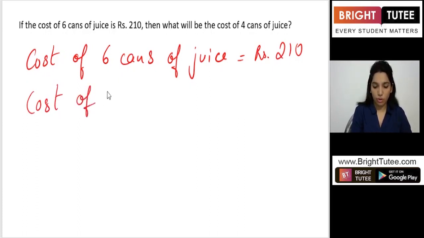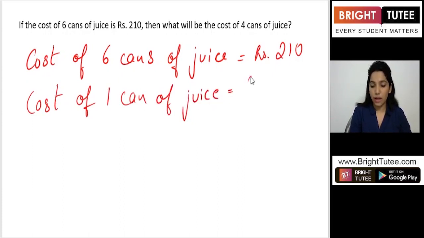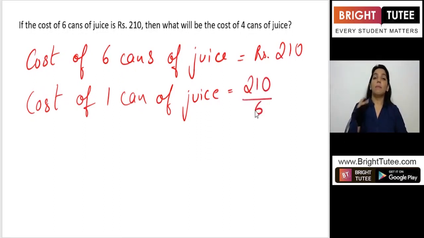So cost of 1 can of juice is equal to, how do we do this? We divide 210 by 6, because the value for 6 cans is 210. To calculate the value of 1, we divide 210 by 6. So on dividing 210 by 6, we get the answer as 35 rupees.